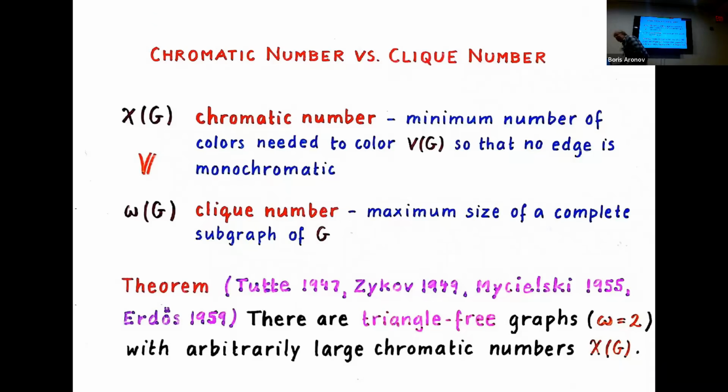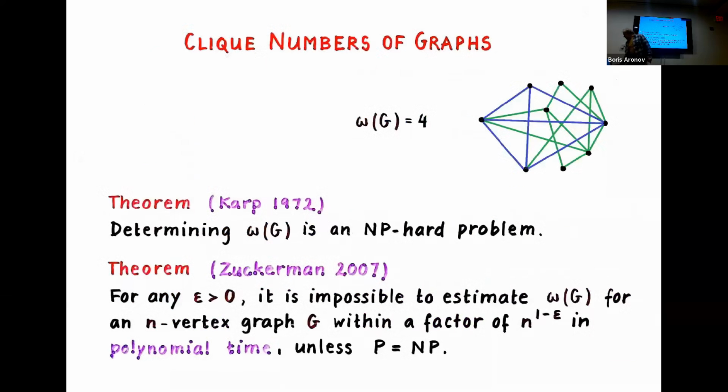Now, is it a very special construction, or what happens in the random graph case? You have to be a little bit clever to kill the short cycles, but essentially this construction can be derived from a random graph, and then you have to kill the short cycles. And we know that these two parameters, the chromatic number and the clique number, are extremely difficult to determine.